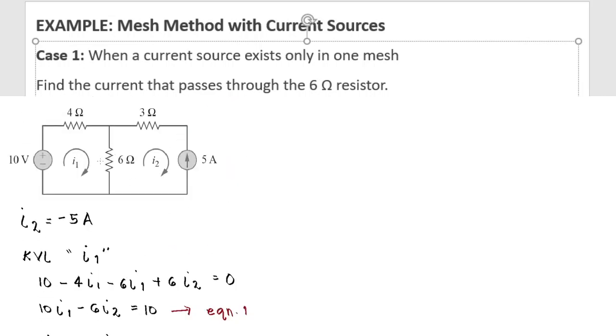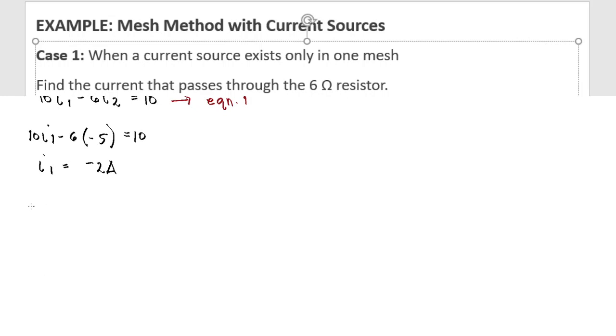Right? But my I2 is downward and I1 is also negative 2. So therefore, I1 with respect to this resistor is upward. So I1 is upward, I2 is downward.